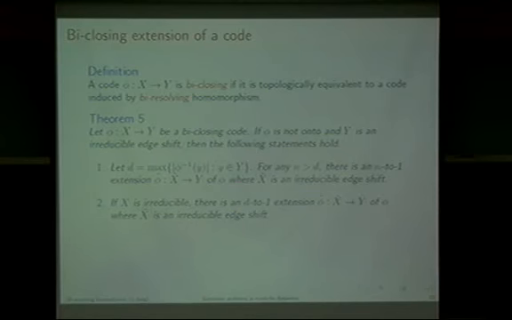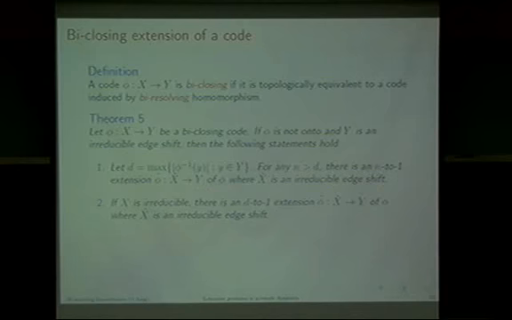Then we can present the following theorem on the extension of sliding block codes. Suppose that phi is a biclosing code defined as follows. If phi is not onto and Y is an irreducible edge shift, that is, an edge shift defined by a strongly connected graph, then the following statement is true. When the maximal cardinality of the sliding block code is defined as D, then for each n greater than D, there is a constantly n-to-1 extension.